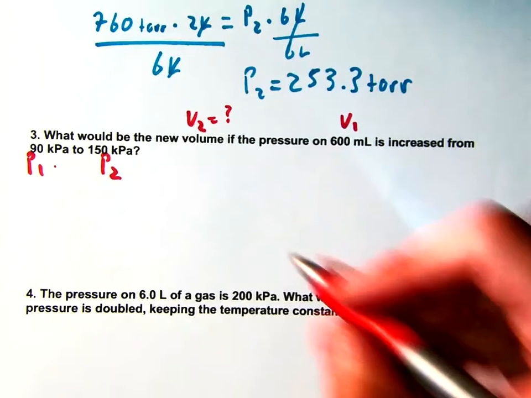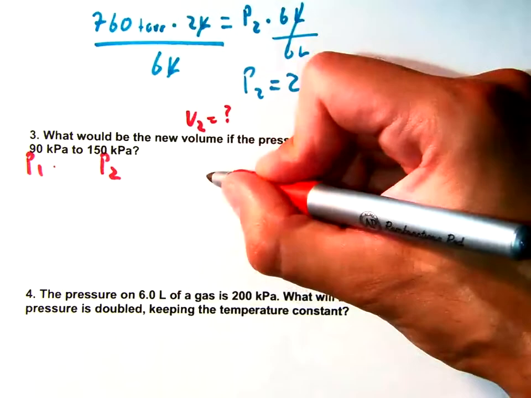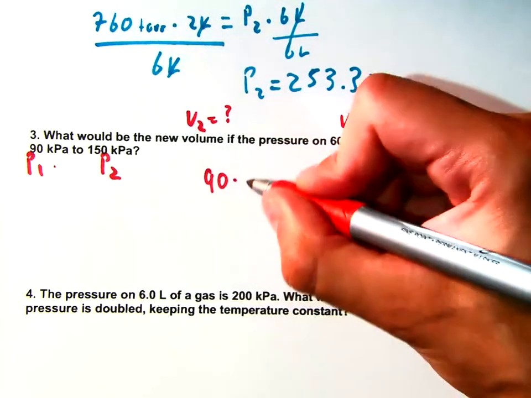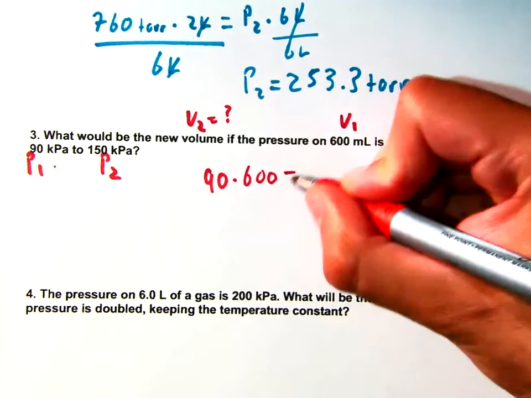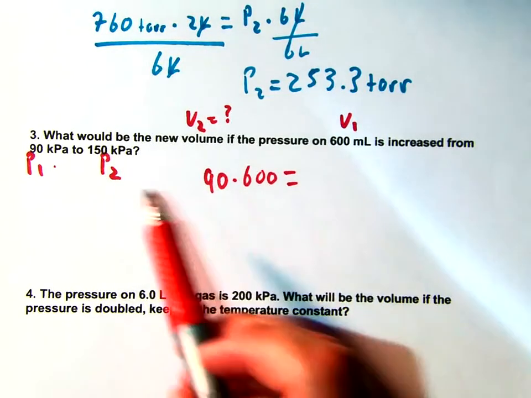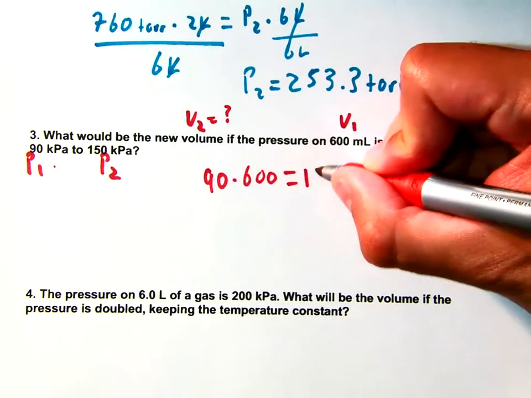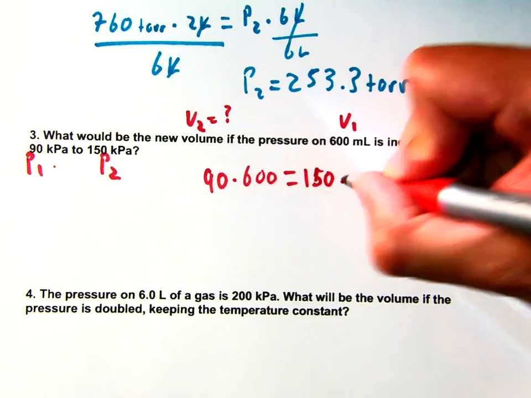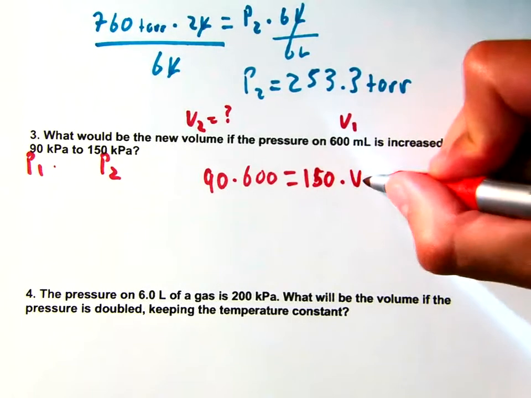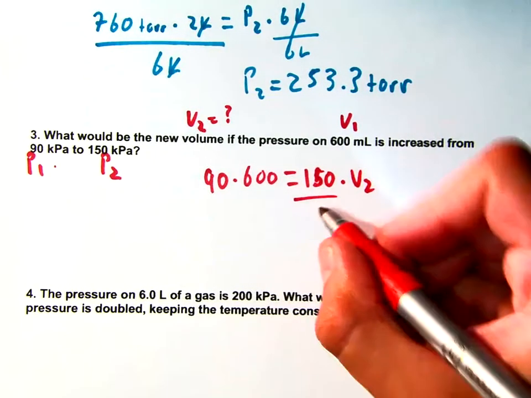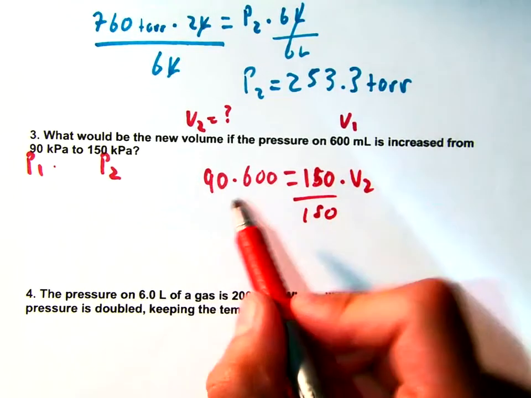So that's what I'm looking for. So let's plug in what we know. We know pressure 1 is 90. I'm going to leave out the units for now. Times my volume 1 is 600 is equal to my second pressure, which is 150, times my V2, which I don't know. Same thing we've been doing. We divide this side by 150 to get V2 by itself.